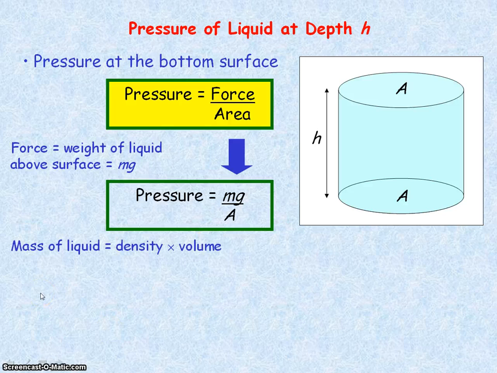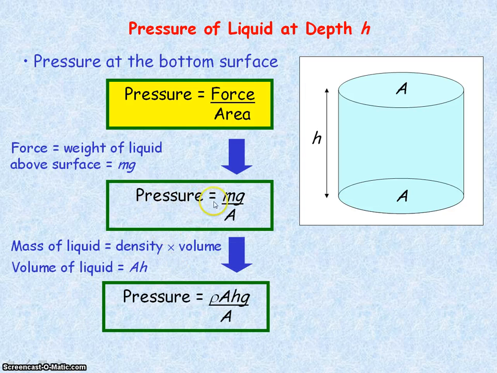The mass of the liquid is equal to the density of the liquid multiplied by the volume of the liquid column. And so the volume will be the cross-sectional area A multiplied by the height or the depth h. So the mass of the liquid is going to equal the density multiplied by the area times h.